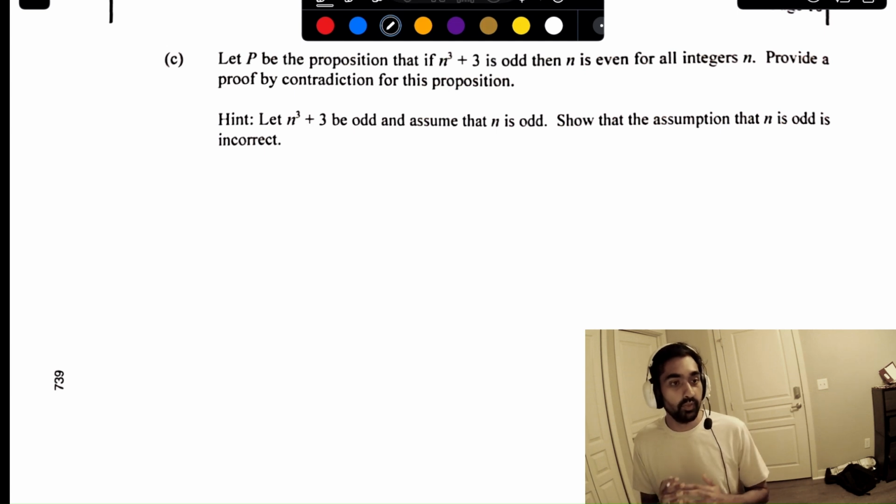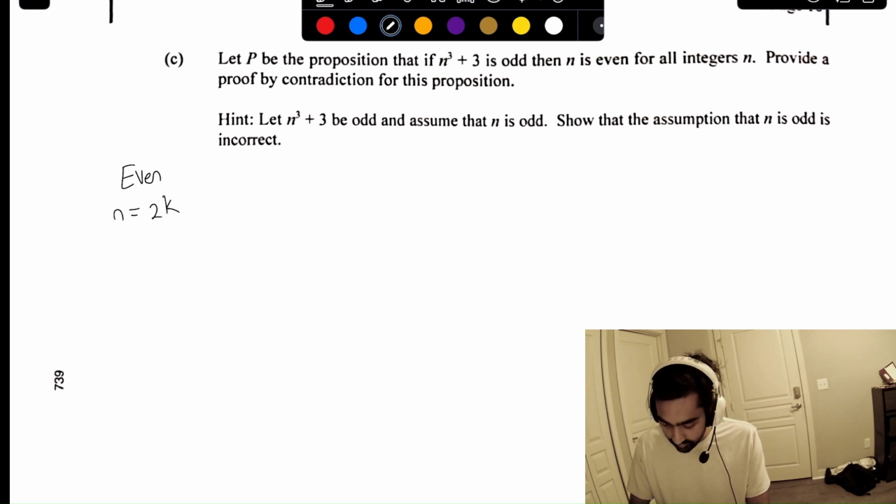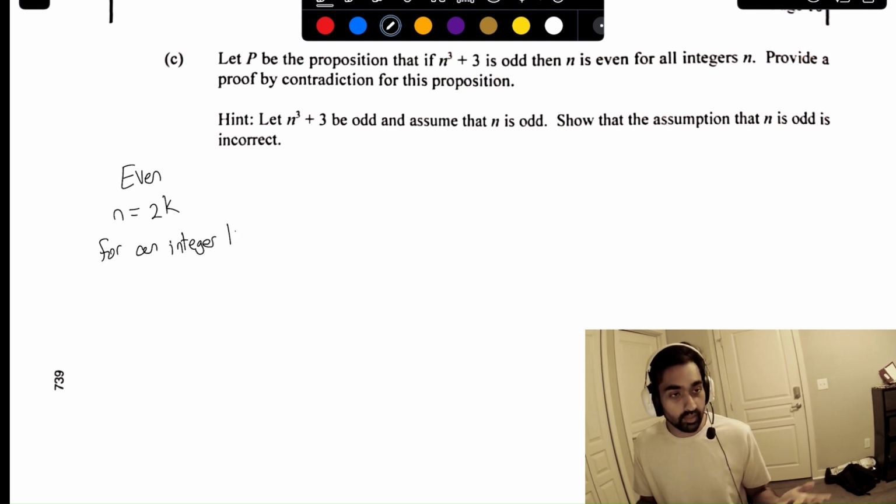Let's first start by reviewing what even and odd integers are. An even integer, let's say n is even, you can write it as 2k for an integer k. So the even numbers are like 2, 4, 6, 8, etc. The defining property is you can write it as 2 times another integer.